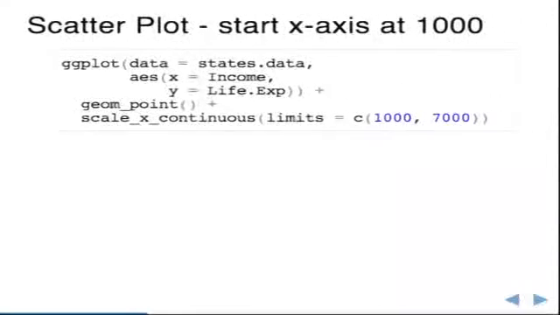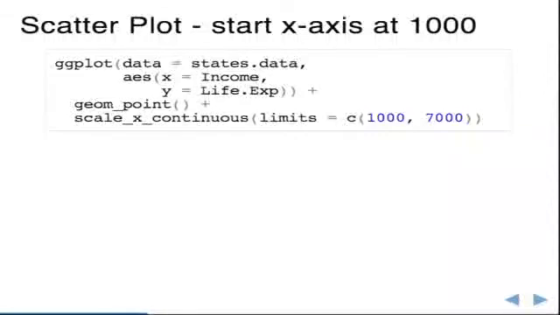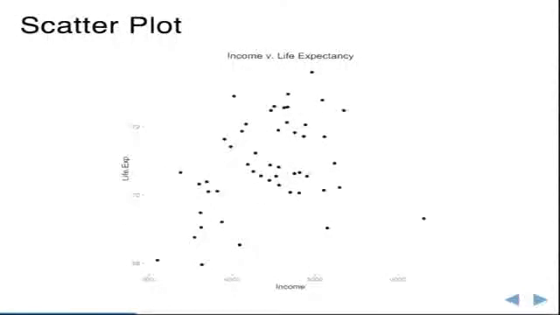Yeah. And so another thing that I want to mention is that ggplot follows a pattern of layers. So you start with the data and aesthetics, geom point, and so now we want to change this graph that I've shown before from 3,000 at the x-axis to start at 1,000.